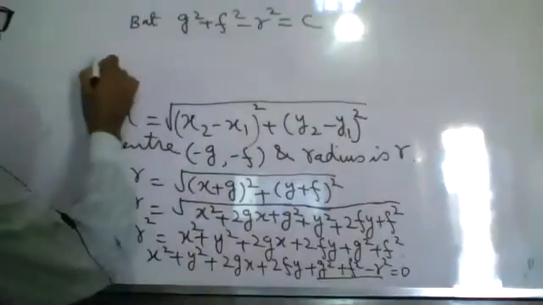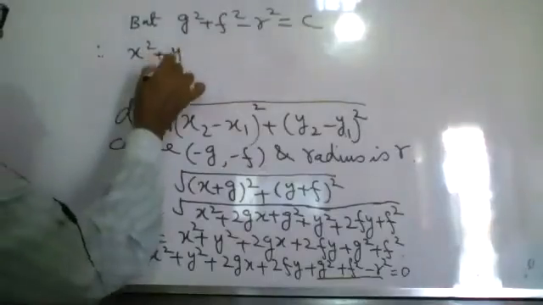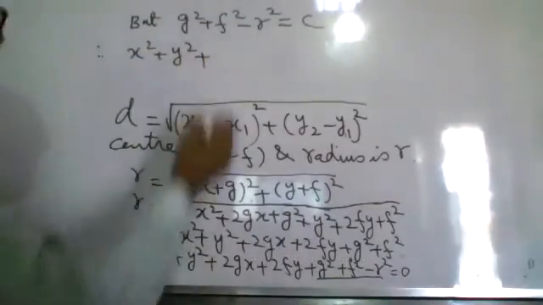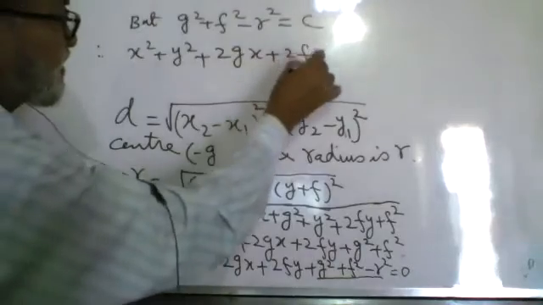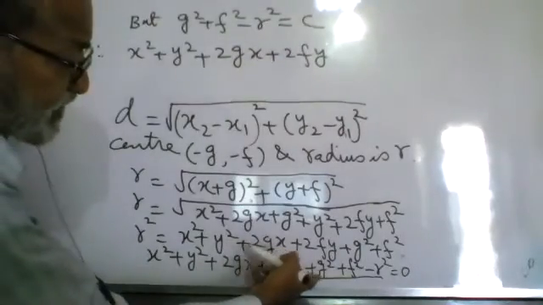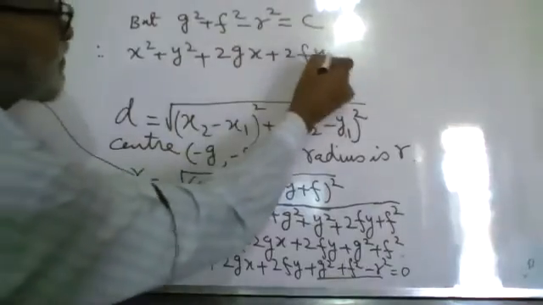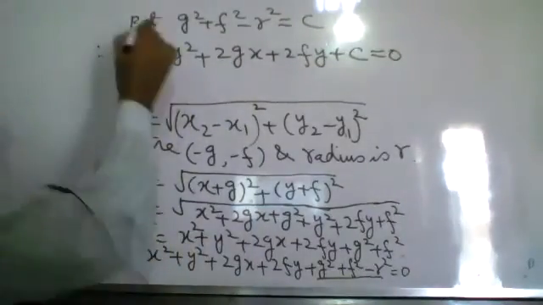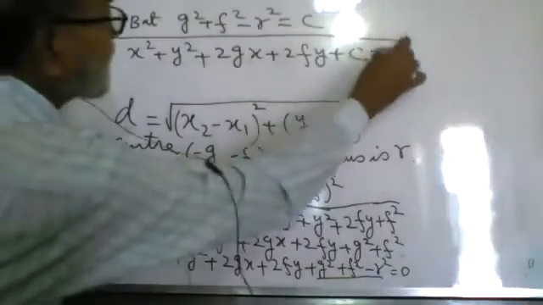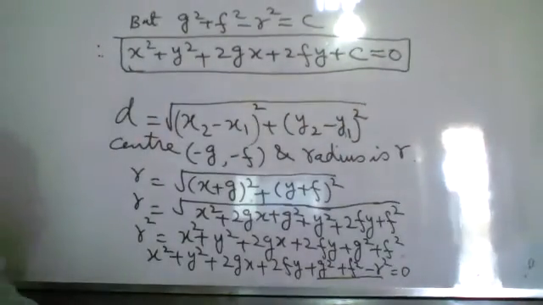So therefore the equation will become x square plus y square plus 2gx plus 2fy plus c equal to 0. This is the standard equation of the circle.